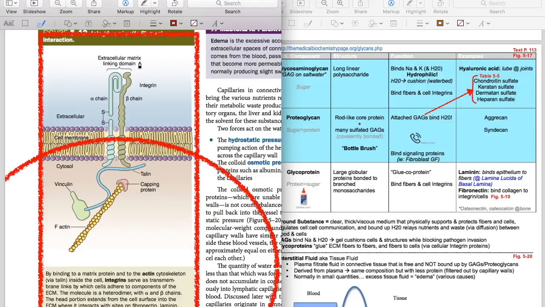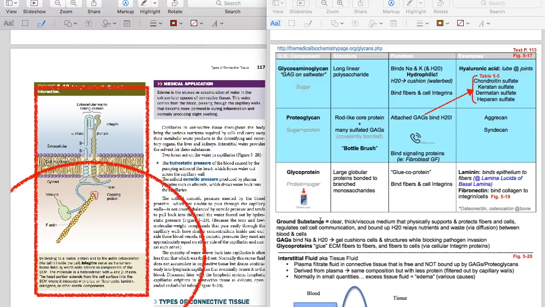That's what it's doing. It's integrating the inside of the cell with the outside of the cell. The whole idea is this cell is within the extracellular matrix. So there might be fibers attaching to it, and there's ground substance out here. This is your cell, integrin. Integrin integrates the cell with the outside of the cell.